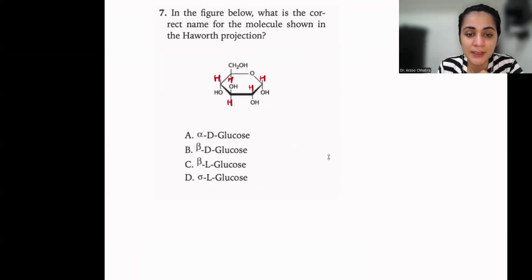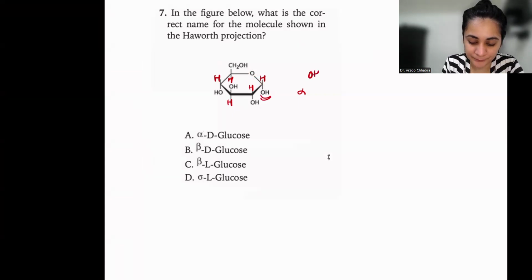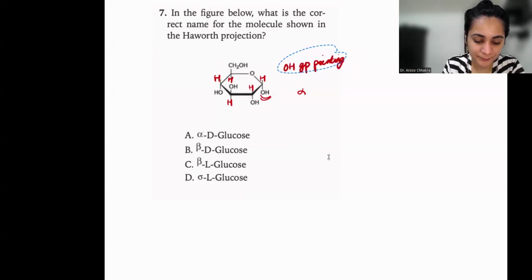When the OH group at the anomeric carbon, the carbon right next to this oxygen, is pointing down, it's called alpha.